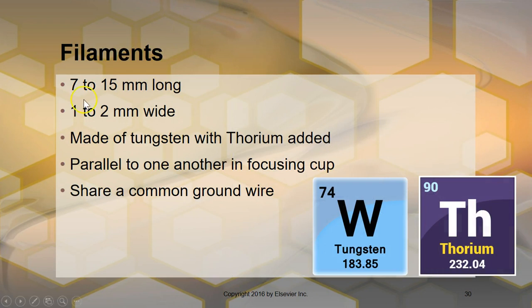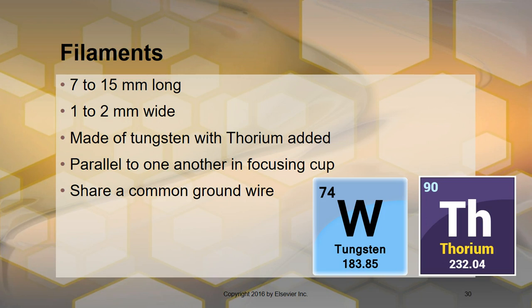They're usually 7 to 15 millimeters long, 1 to 2 millimeters wide, and they're made of tungsten, just like we heard before, with a little bit of thorium added. They're parallel to one another in the focusing cup, and they share a common ground wire. The tungsten is the majority of the element, and only 1 to 2% thorium is added.